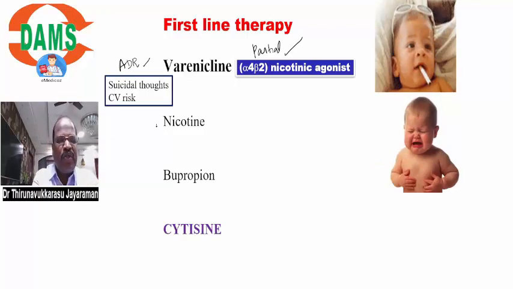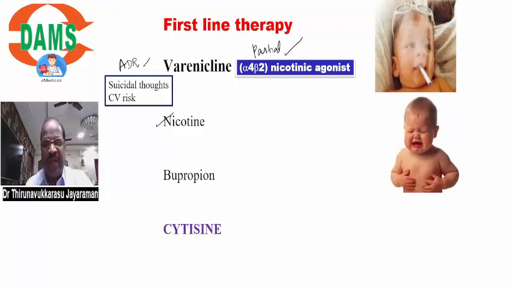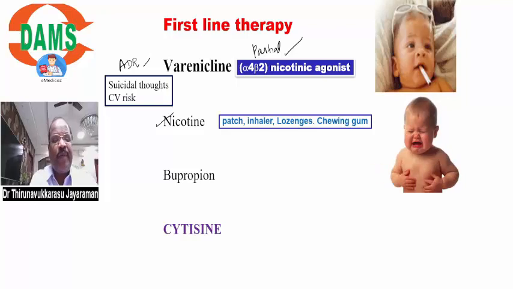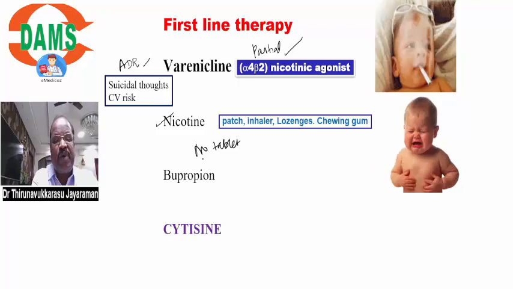Nicotine is also useful to control smoking. The most important point: in what formulation is nicotine available? It is available as a patch, inhaler, lozenge and chewing gum. Remember, there is no tablet formulation. This is important.